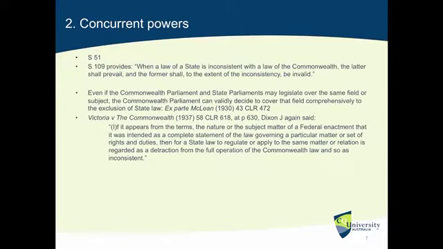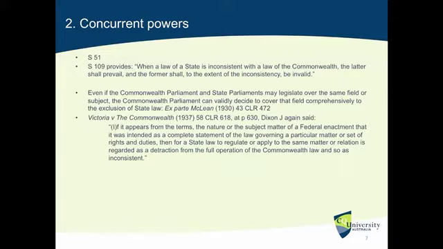But under Section 51, there are also a lot of other matters over which the Australian Commonwealth Parliament can legislate. But these matters are actually matters which are shared by the Australian Commonwealth Parliament with state parliaments.